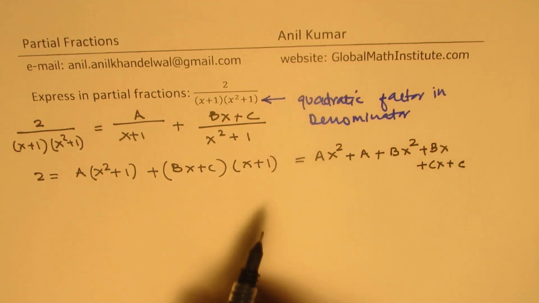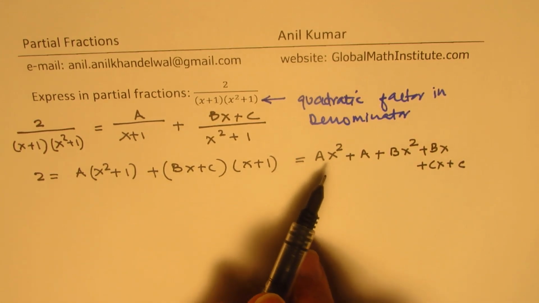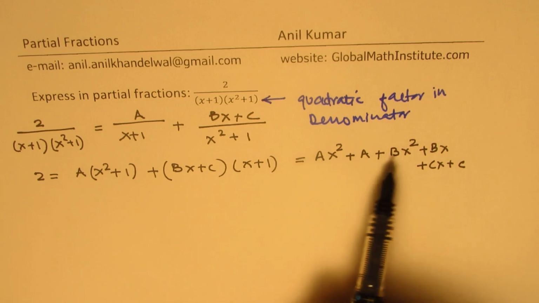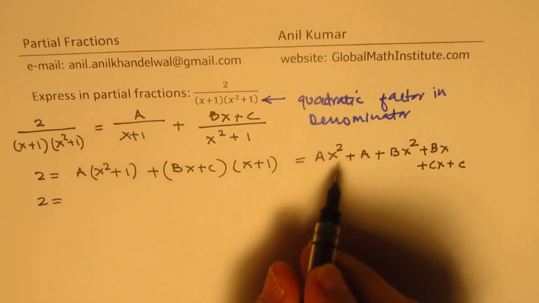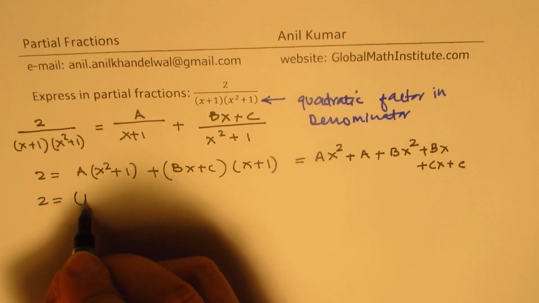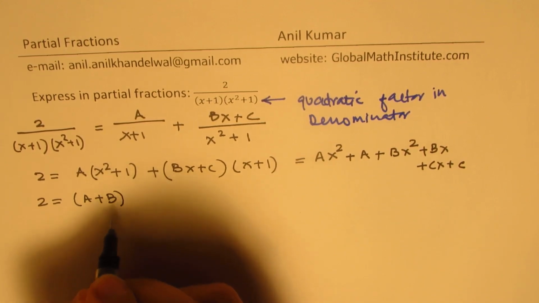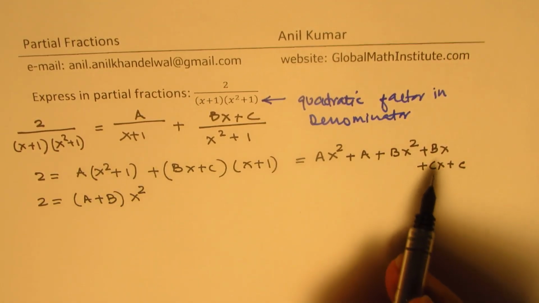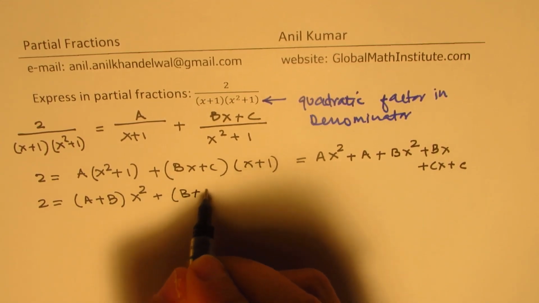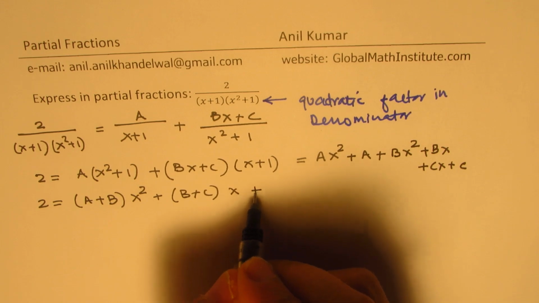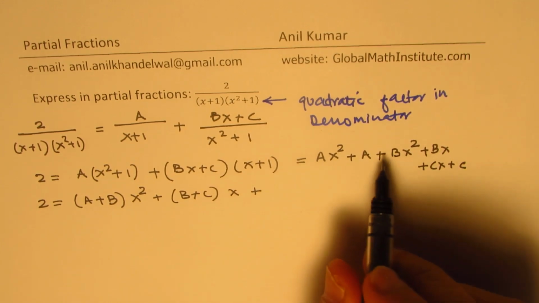Right. Now we can compare the coefficients. So clearly from here what we get is the x squared terms. Let's rewrite. So 2 equals 2. Combining the x squared terms, we get a plus b x squared, right? Combining the x terms, we get b plus c x, and the constant here is a plus c.